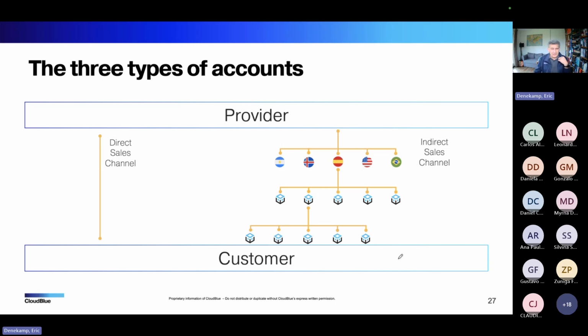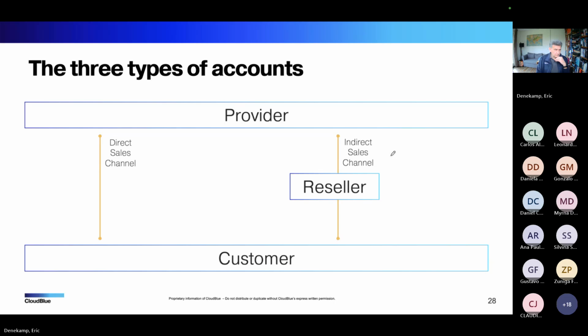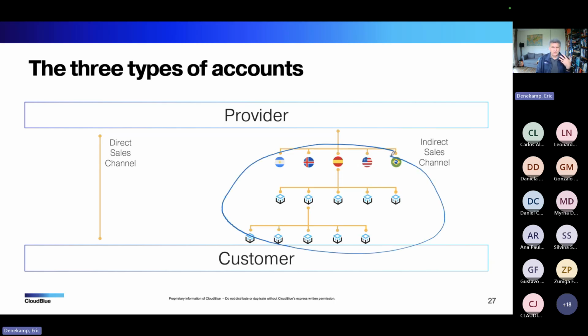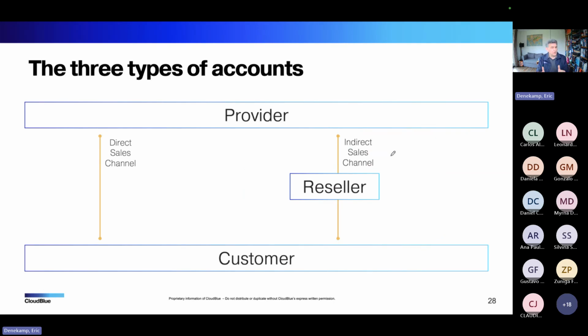And any of these levels here we call a reseller. We're not really discussing that much about first level reseller, second level reseller. We call them resellers. Of course, when we talk about a very specific reseller, it's good to know at what level that reseller resides. But in general, it's just a reseller.